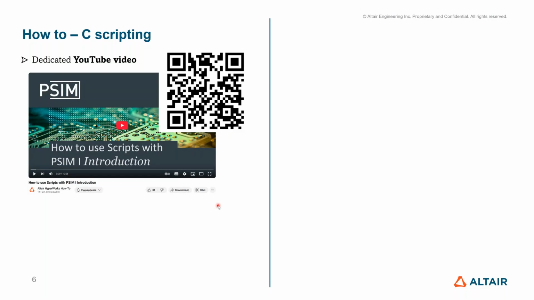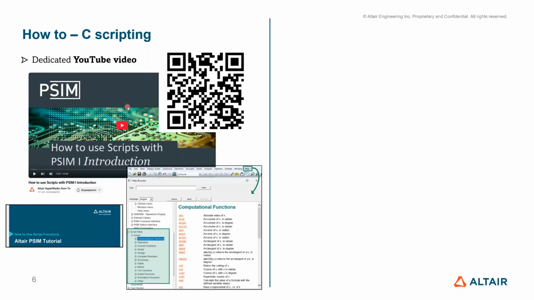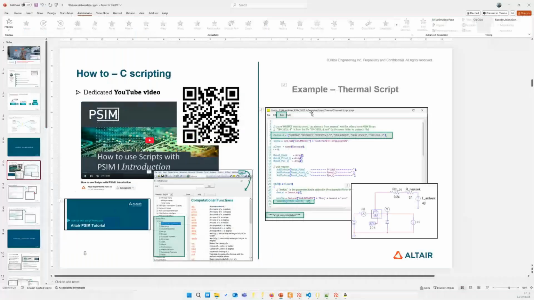So in all of the sections, I also provide a QR code, which you can directly scan and navigate to the dedicated tutorials. So for the C scripting, there is an introduction tutorial, which you can find on YouTube. And there are also other ways of finding information inside PSIM. I will spend some time to directly show you that because I think it's very important. So I will open PSIM.